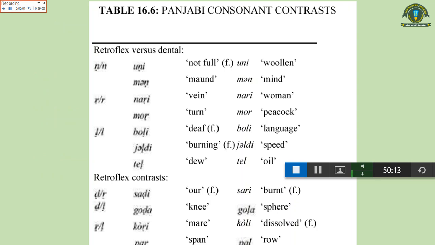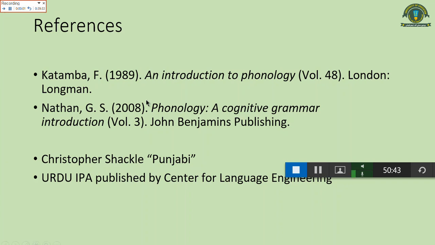You will have to try to remember these symbols. You will obviously have to practice a lot. So I recommend you to at least practice 10 words from Urdu and at least 10 words from Punjabi. Think of any random words in Urdu and any random words in Punjabi and try to transcribe them. So here are the references.